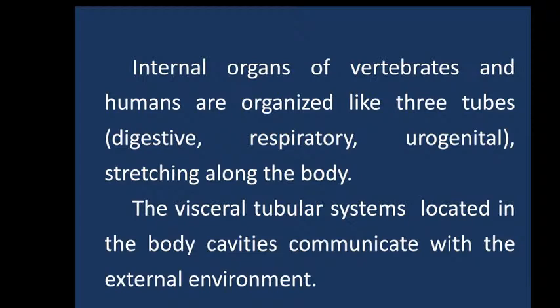This is the digestive tube for the digestive system, respiratory tubes for respiratory systems, and urogenital tubes, which combine genital and urinary organs. All of those tubes open or have communication with the external environment.